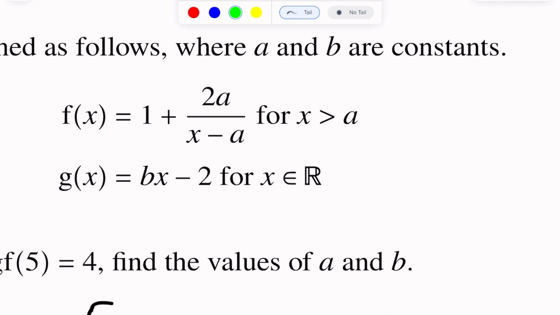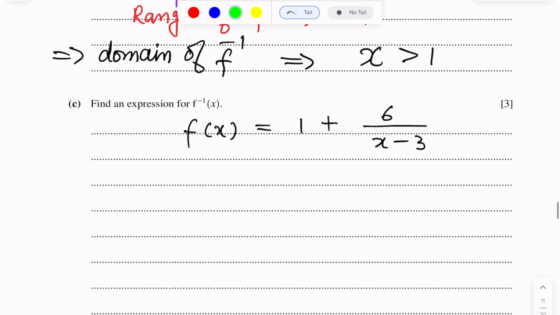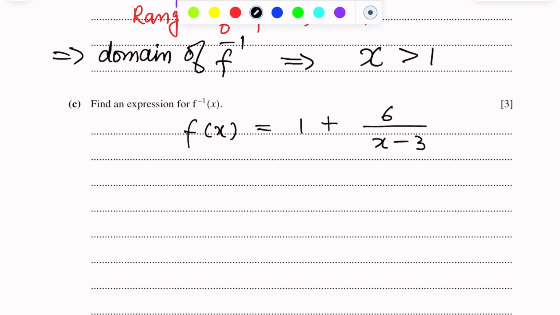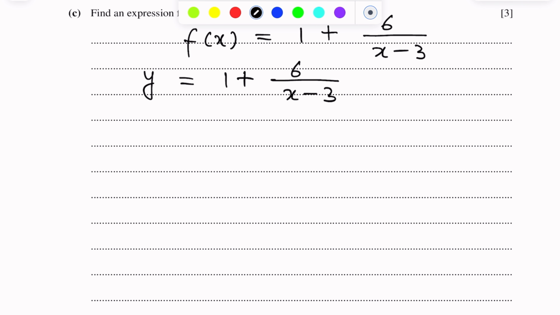In place of a we are using 3. So the function is 1 plus 6 over x minus 3. So putting y for f(x), y is equal to 1 plus 6 over x minus 3. We have to make x the subject.